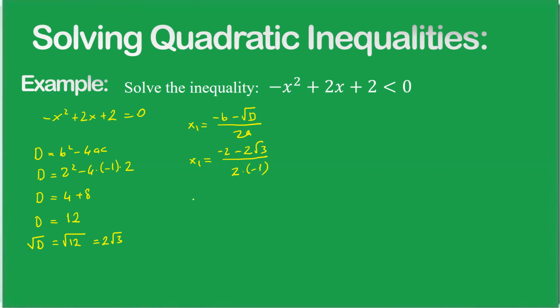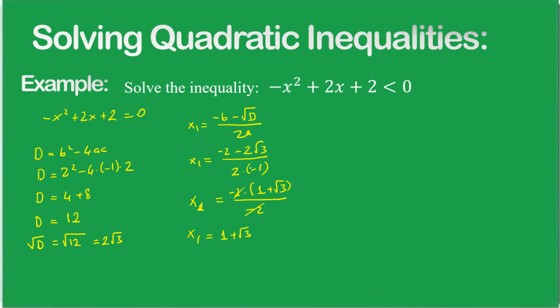Careful, I told you that. If you factorize this with negative 2, we have 1 plus square root of 3, and here we have minus 2, and simplifying, x1 is just 1 plus square root of 3.